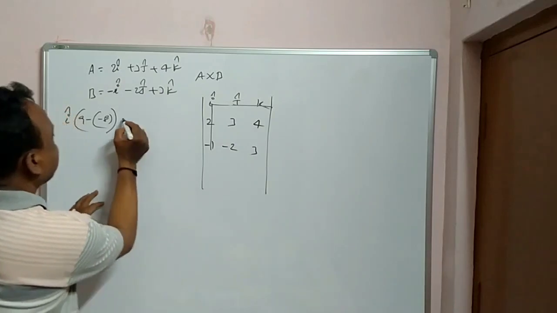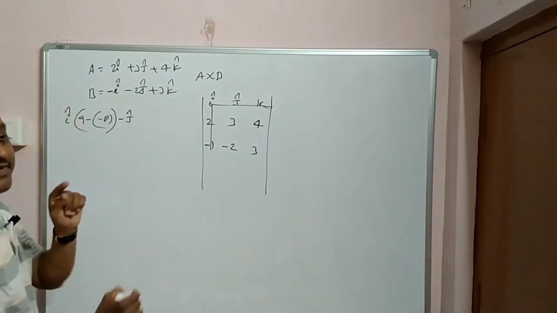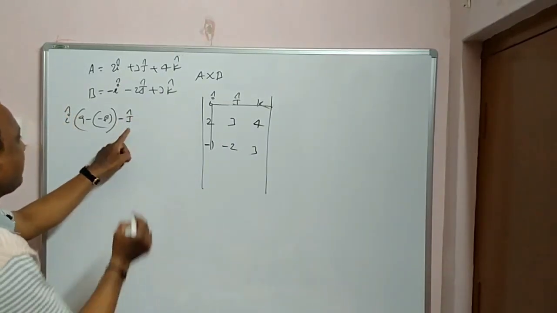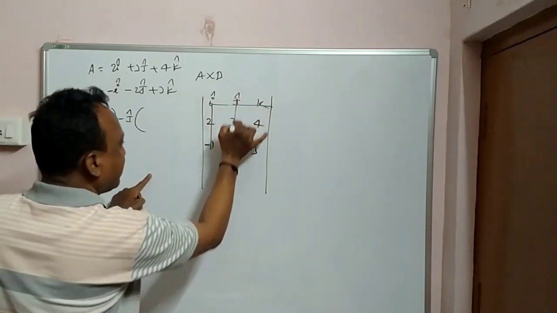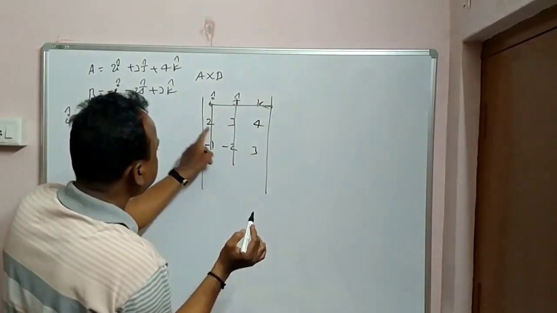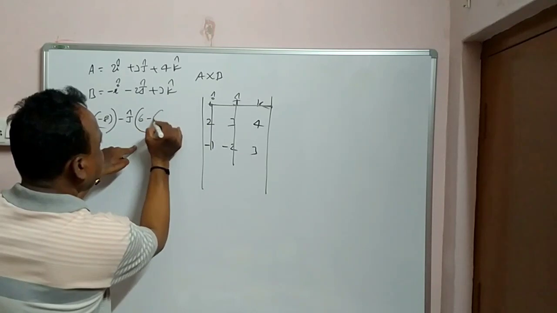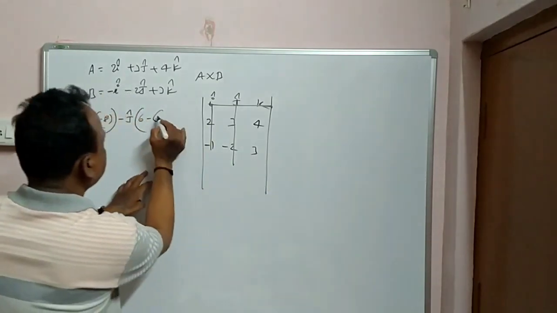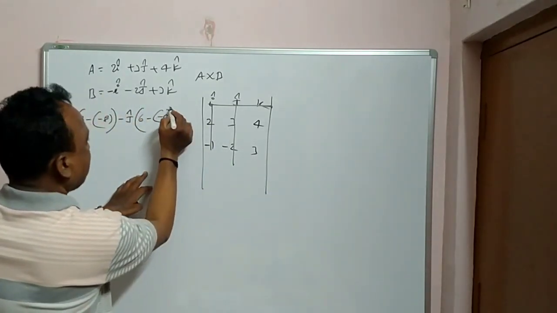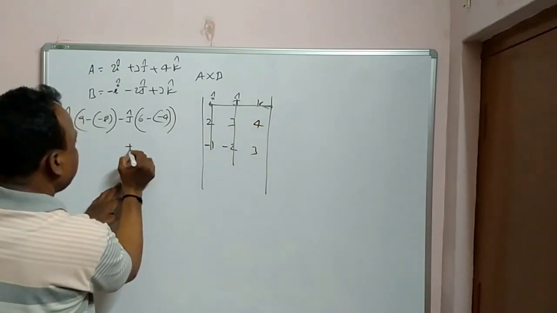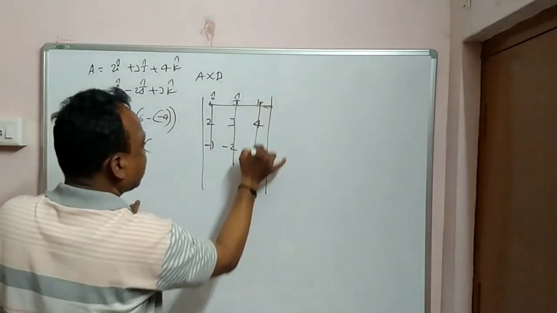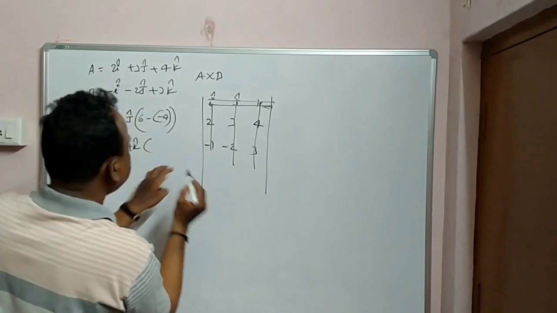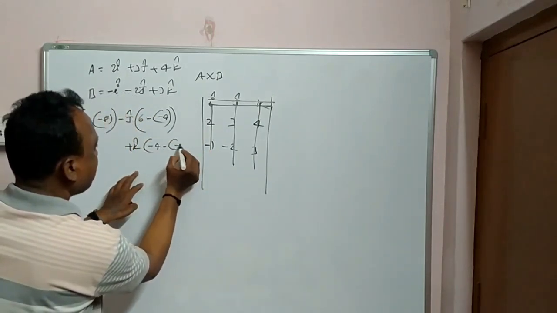The second one will be minus again, according to the properties of determinants, cofactor minor. So minus j cap into, again remove these elements. Now what is left? 3 2s are 6 minus of minus 4. Now the last element is plus k cap into, remove these elements. So minus 4 minus of minus 3.